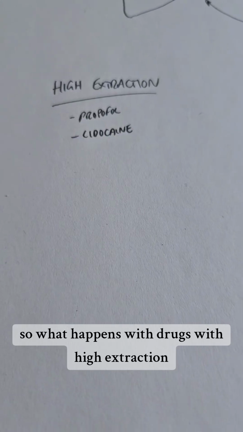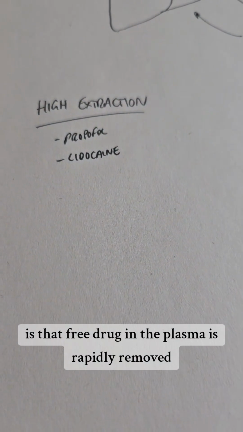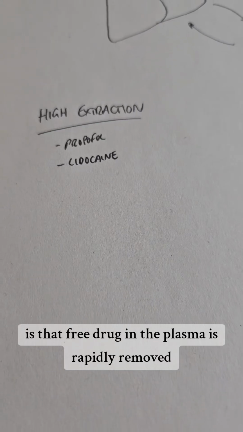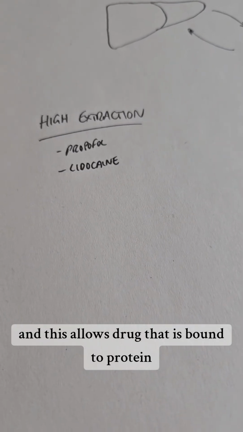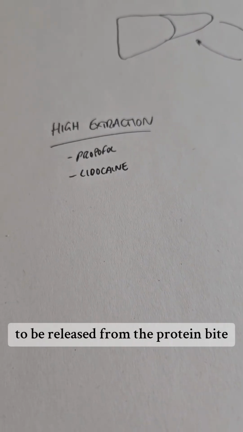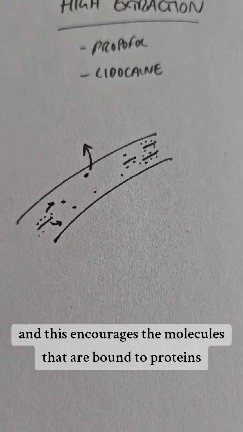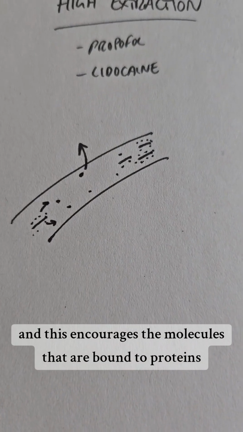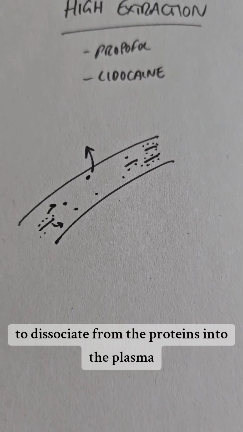So what happens with drugs with high extraction is that free drug in the plasma is rapidly removed, and this allows drug that is bound to protein to be released from the protein binding. So the free drug is removed, and this encourages the molecules that are bound to proteins to dissociate from the proteins into the plasma.